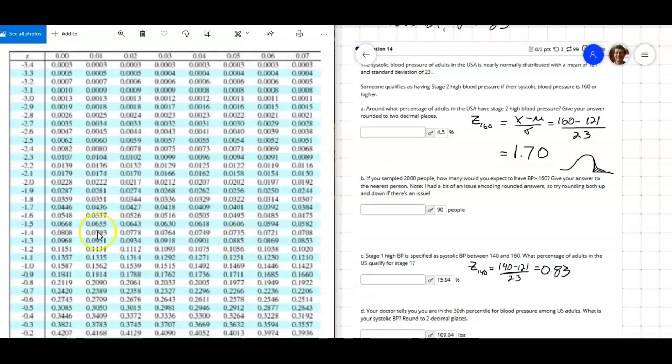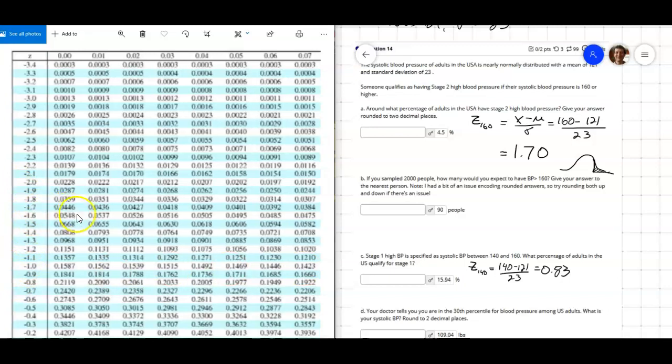Negative 1.7. Oh, I've got negative 1.07, sorry. Negative 1.7, here it is. 0.0446. That rounded to 2 decimal places would be 0.04.